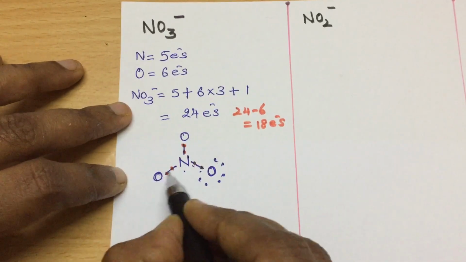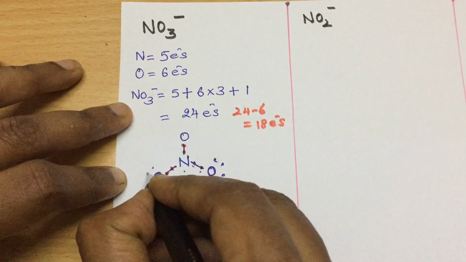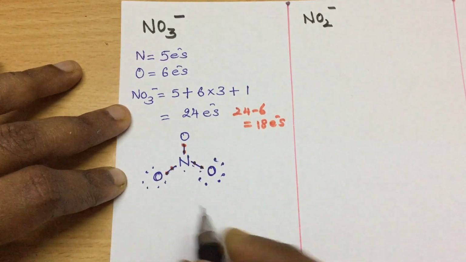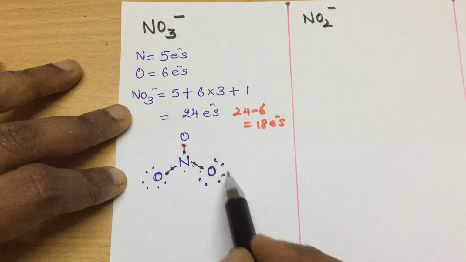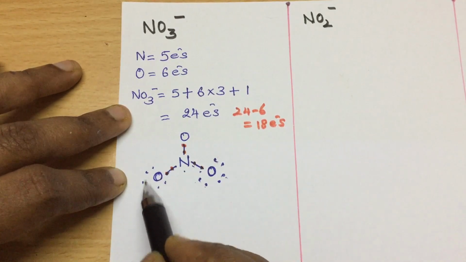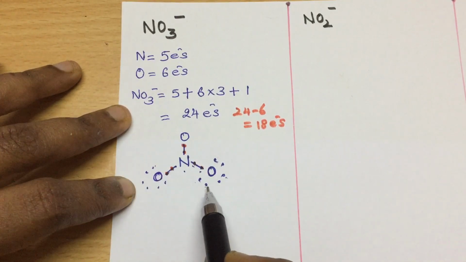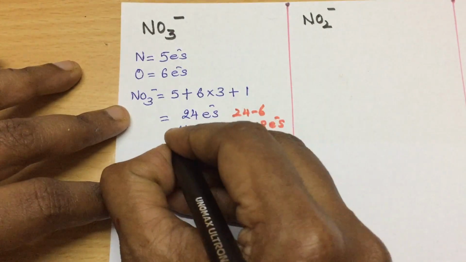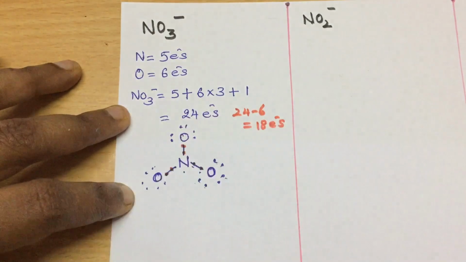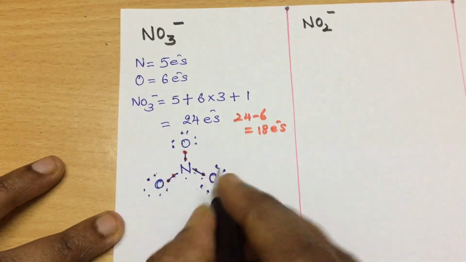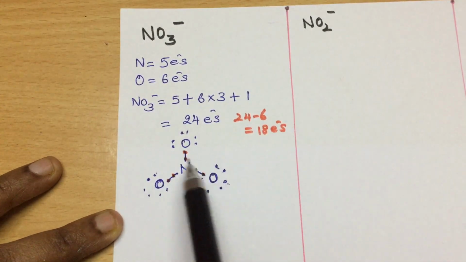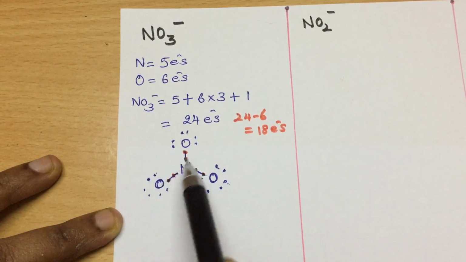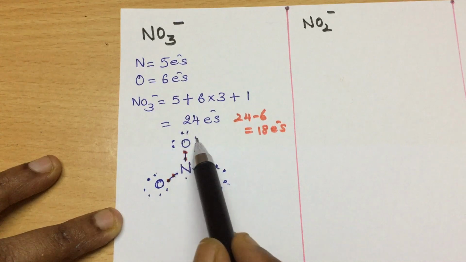For this oxygen, already 2 electrons are there, and I am putting 6 more. So of the 18 electrons, 12 I have already given, and the remaining 6 I am going to put around this last oxygen. So totally there are 24 electrons. You can count it: 1, 2, 3, up to 24.